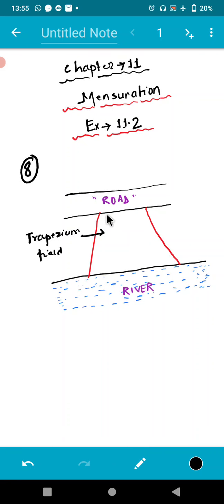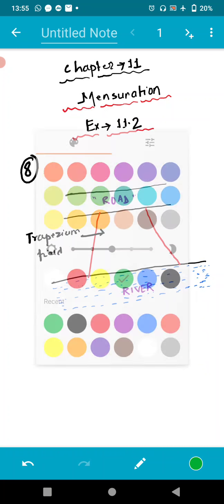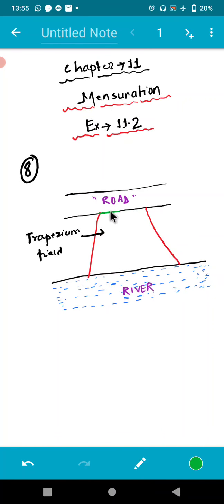One side, this side, is along the road, and this side, which is blue in color, is along the river.